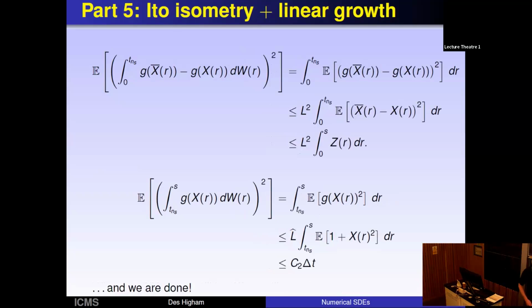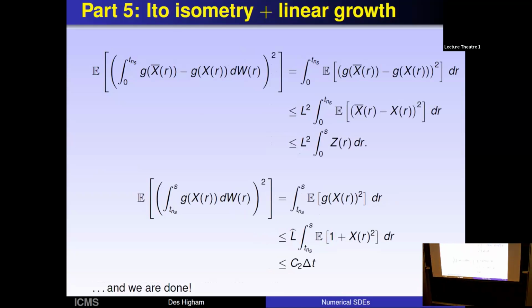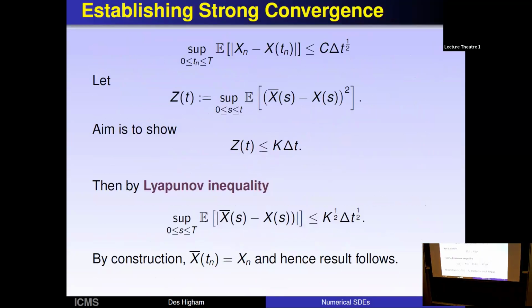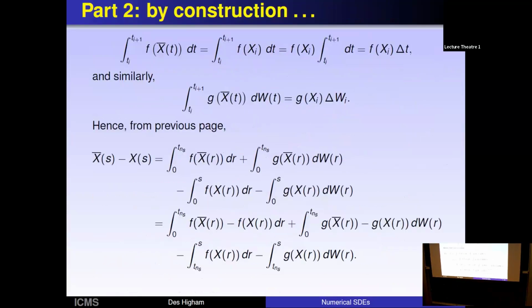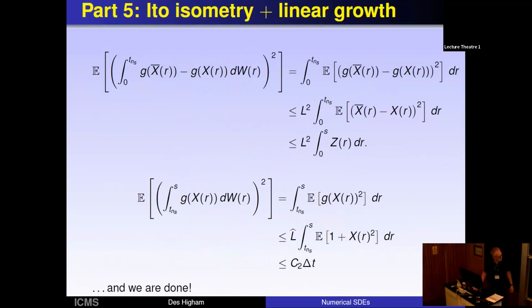If I go back to Gronwall, that's where my delta t comes from, not delta t squared. So up here, I get a delta t, not a delta t squared. When I do Lyapunov or Jensen's, I get delta t to the half. That's the only bit that's cost us the order.